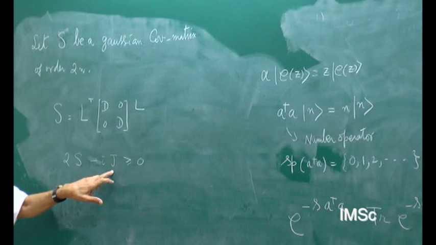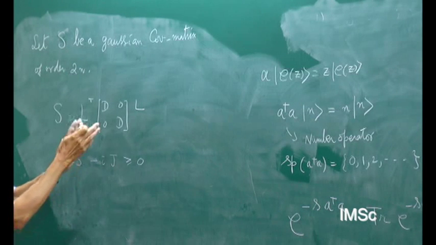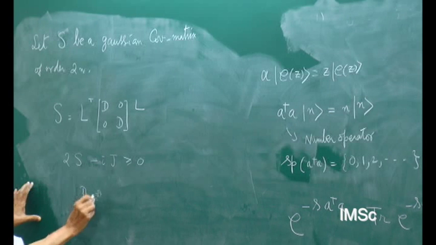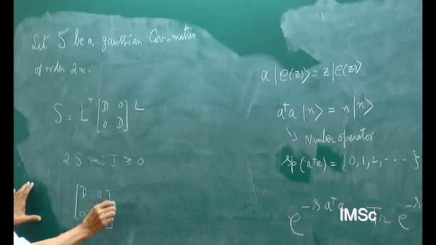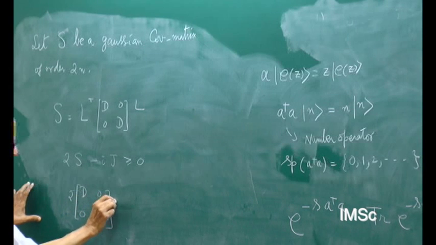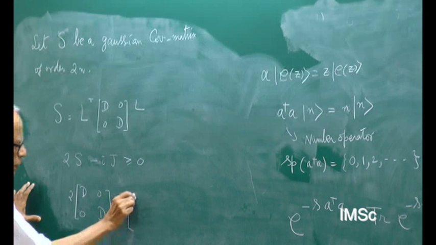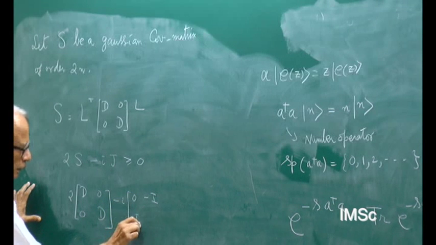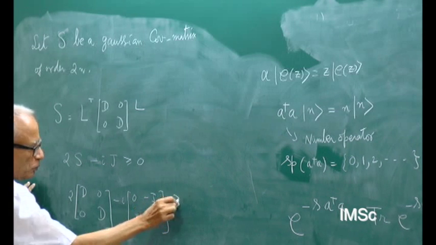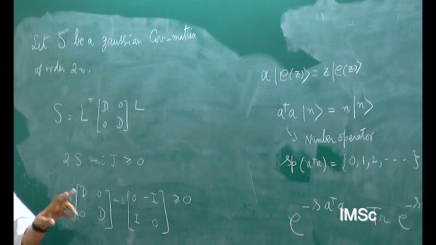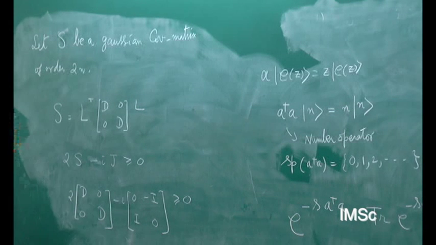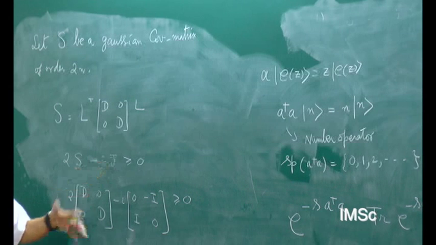But L transpose JL is J. That means this is equivalent to [D 0; 0 D] minus (i/2) times [0 I; -I 0] being a positive matrix, which means each D1, D2, etc. should be greater than or equal to half. This is the necessary and sufficient condition, because L transpose JL is J itself.